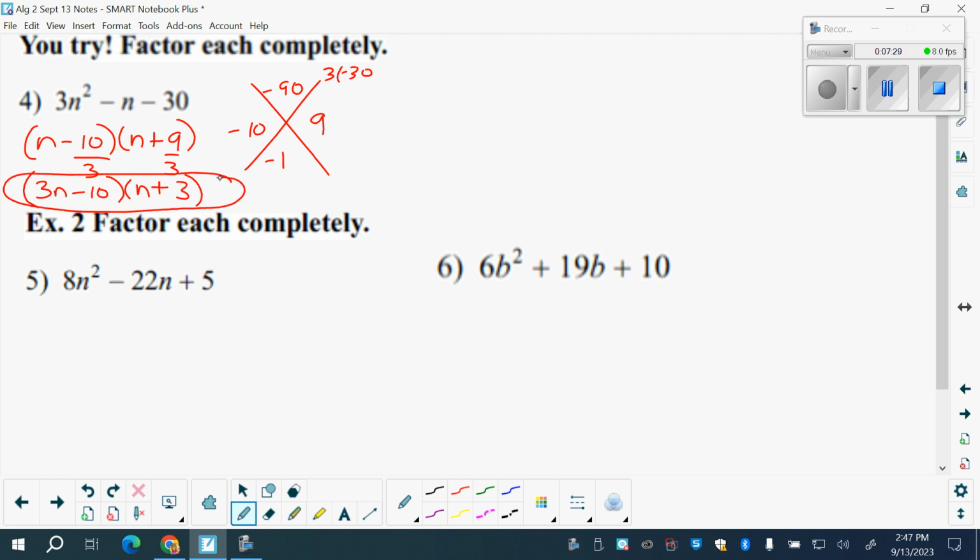Okay, that's what you should get for your answer. Questions on that? Okay, so what's a prime number?